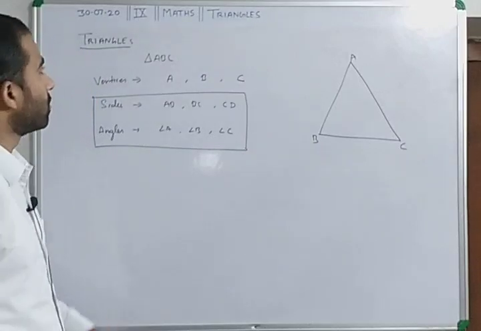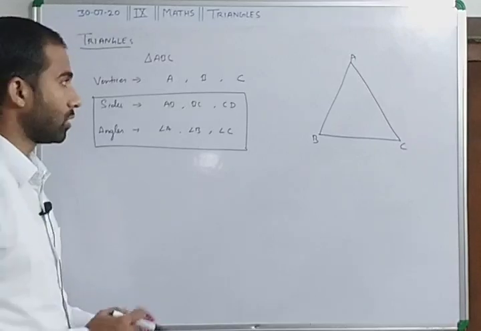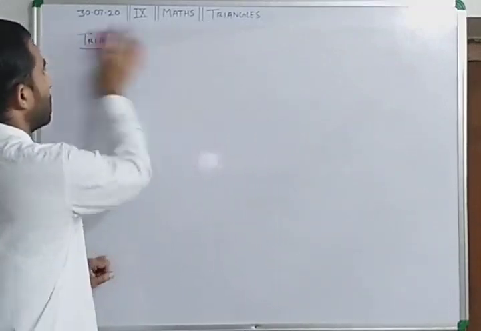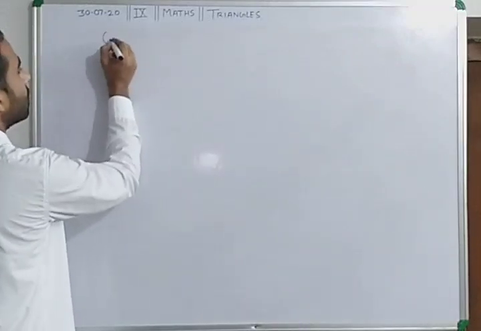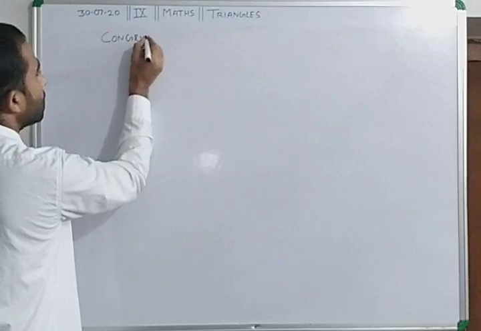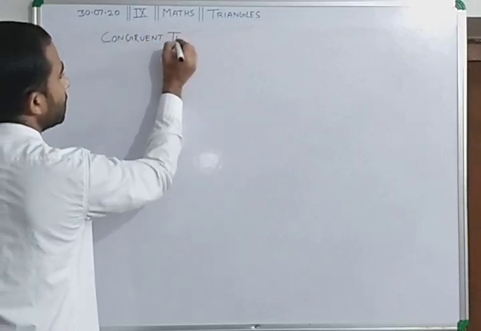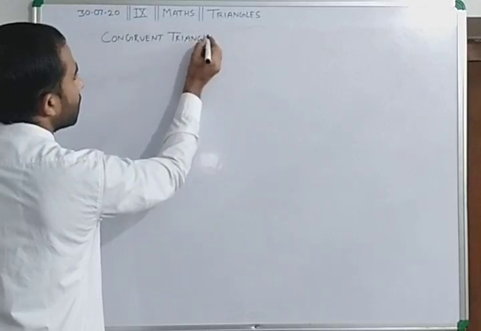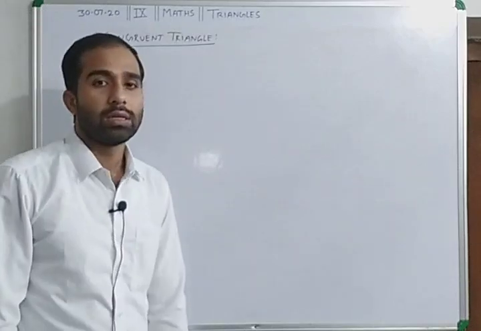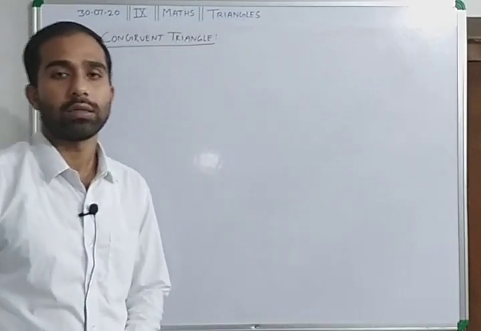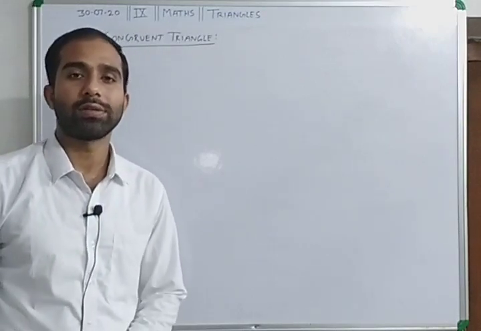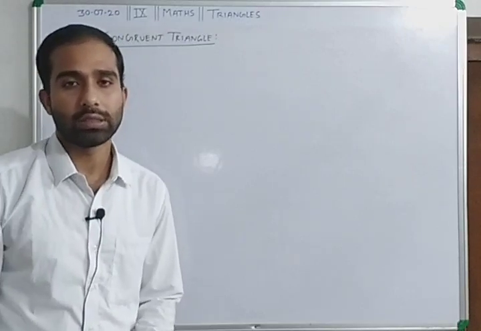So what is the congruence of triangles? Our question is this. Congruent triangles. Listen carefully. If two triangles are equal in shape and size, or if from two triangles, one triangle is superposed on another, it is said to be congruent.